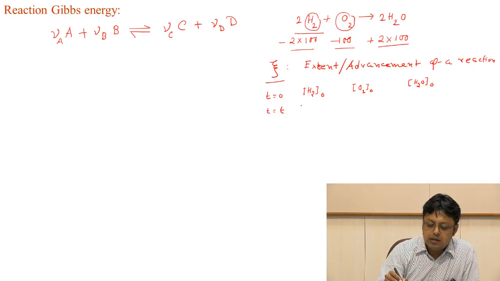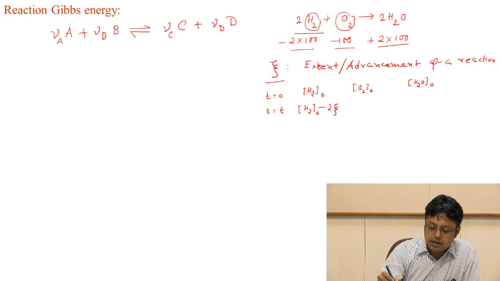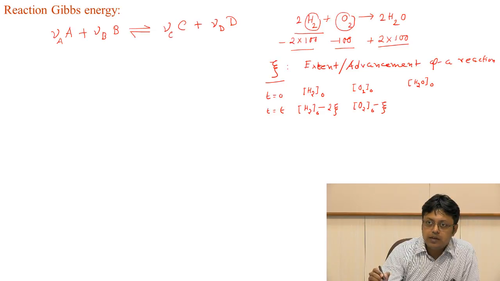So here the amount of hydrogen after that specified time will be nothing but H2 zero, and then negative 2 times xi, because I'm using negative as it has been consumed. Similarly for oxygen, it has also been consumed, so it will be O2 zero minus xi. So it is the stoichiometry including the sign: if it is a reactant, we consider a negative sign, and if it is a product, it will be a positive sign.